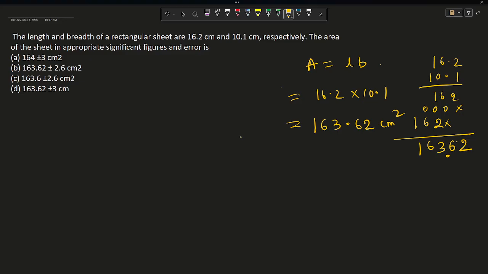Now I have to find the error. So for error, delta A by A equals delta L by L plus delta B by B. I think this question has something missing.